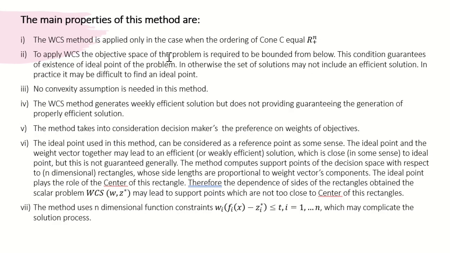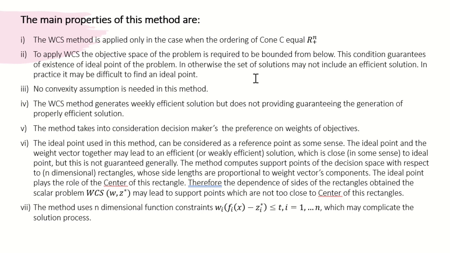Our features are as follows. The first is that this method can be applied to a problem when the ordering cone is R^n_+, and we need a condition to be satisfied, which is being bounded from below. Convexity is not a necessary condition, and this method guarantees a weakly efficient solution but does not guarantee a properly efficient solution.